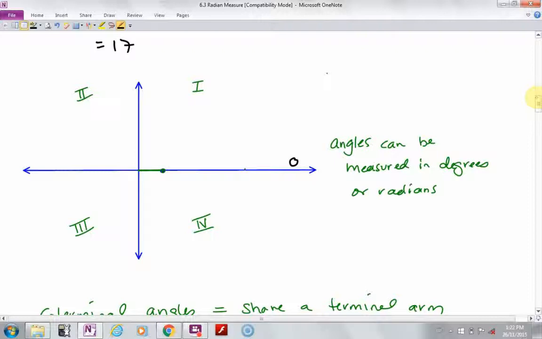It's also in the first quadrant. So how do we make sense of that? Recall that this is 0 degrees, and it's also 0 radians. And then all the way around to here is how many radians? It's pi radians, right. 180 degrees is the same as pi radians.